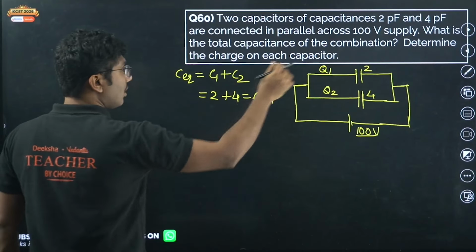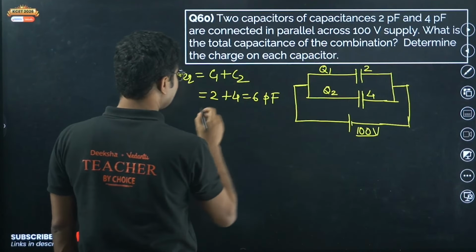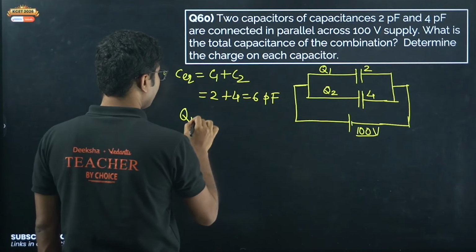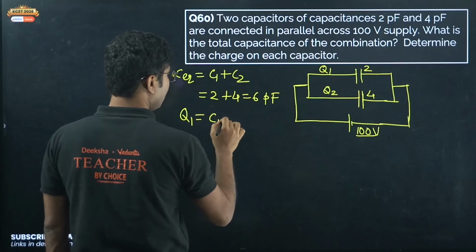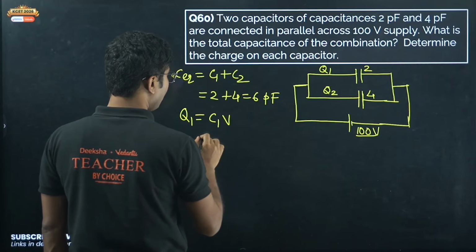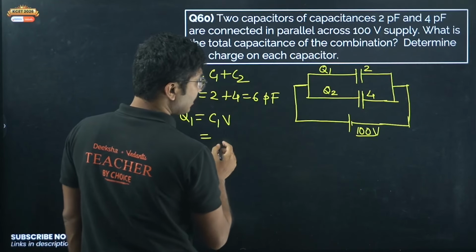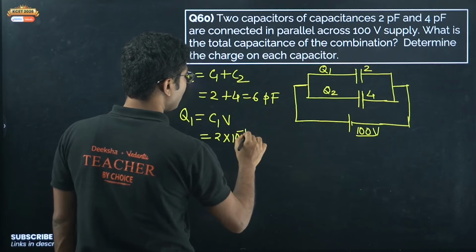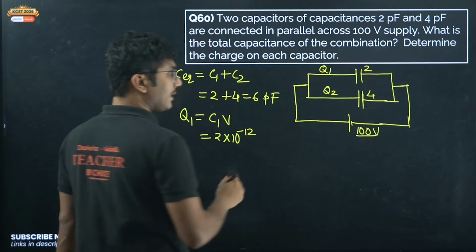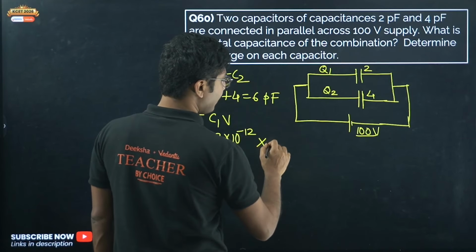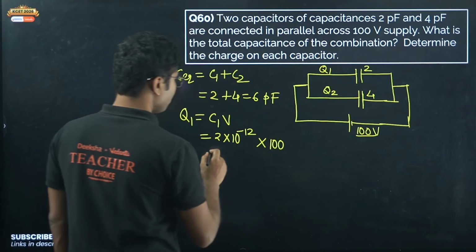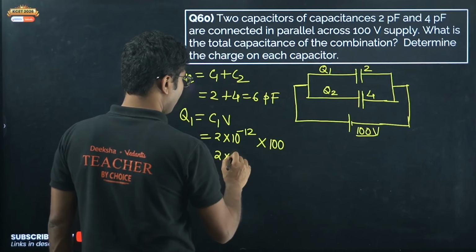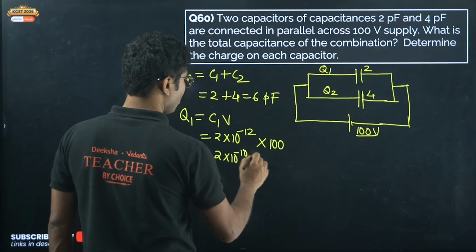So for this one, we can say that Q1 equals C1V. C1 is 2 picofarad. Pico means 10 to the power of minus 12, and times 100. So it will be 2 into 10 to the power of minus 10 coulomb.